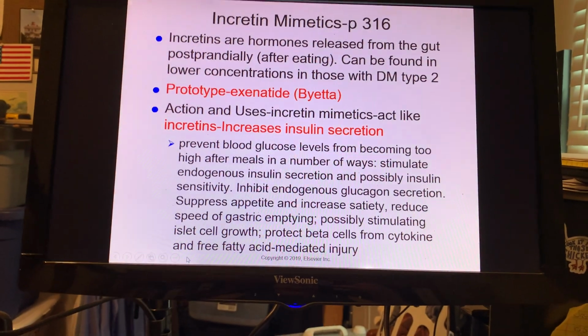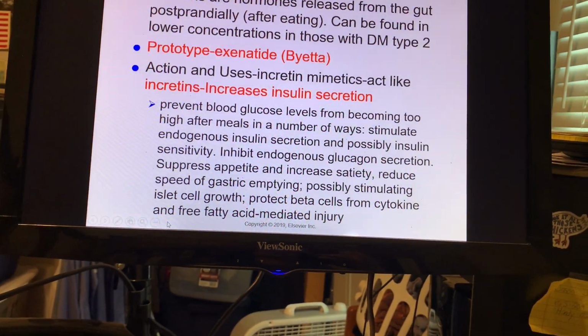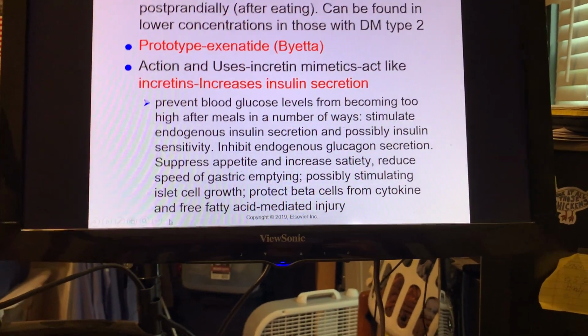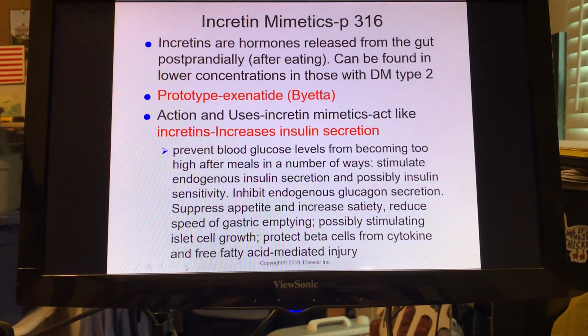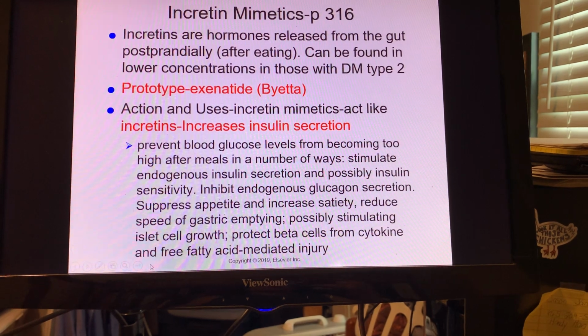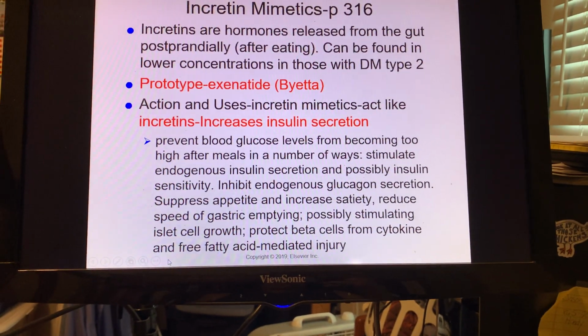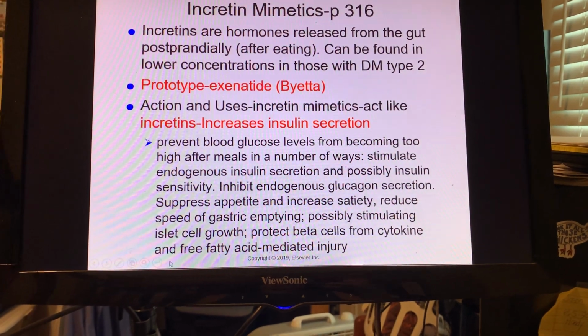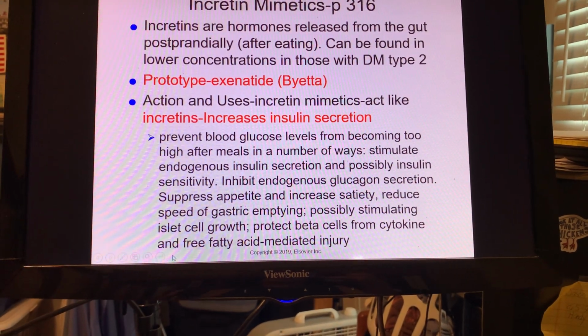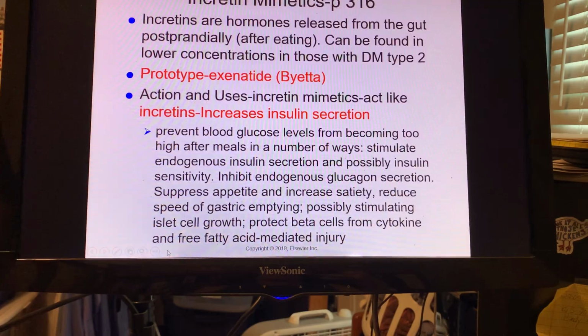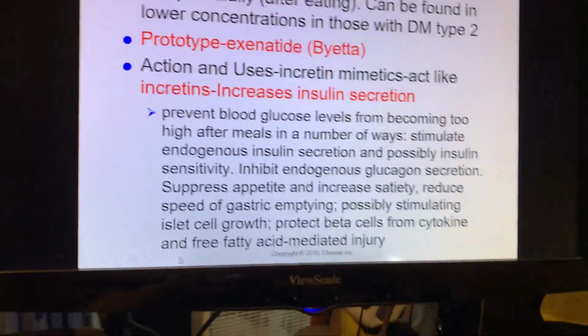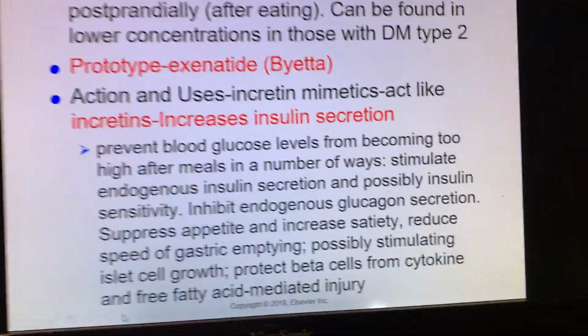And it was noticed that after the bite of a Gila monster, people's blood sugars would really drop. And when their saliva was studied, it was found that they isolated a whole bunch of these incretin hormones in the saliva of this particular reptile.